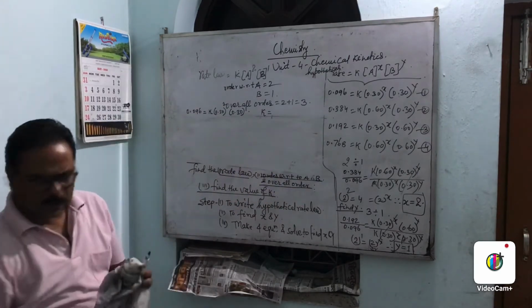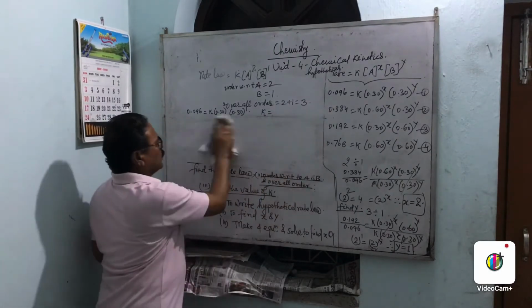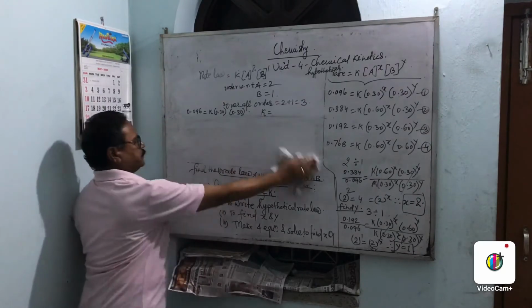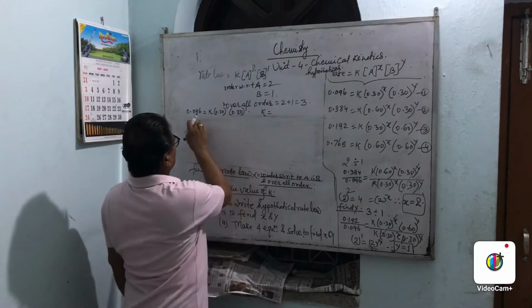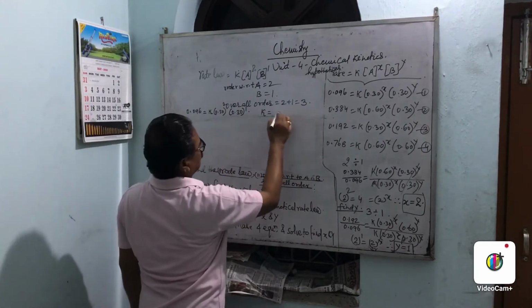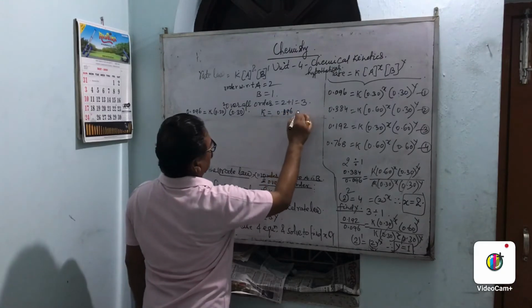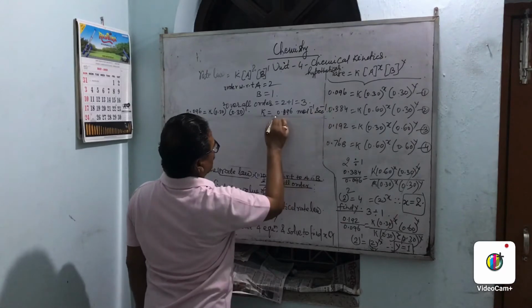Now you see, there are so many problems based on that concept. You try to solve them. I hope that if you do it this way, it will be easier for you. So you see K, what is the unit here? This is mole per liter per second. Whatever the numerical value is, that is your part, you solve it. And what comes here?